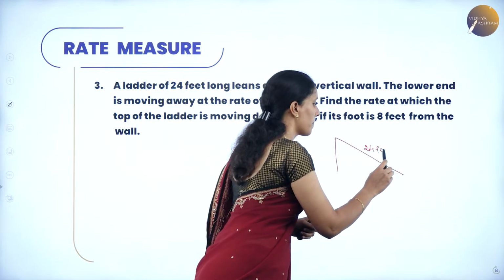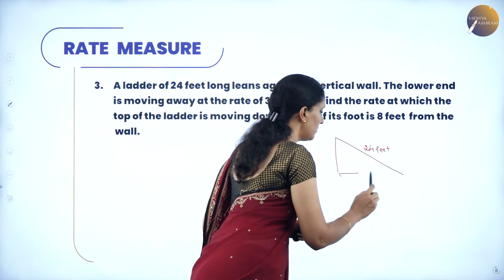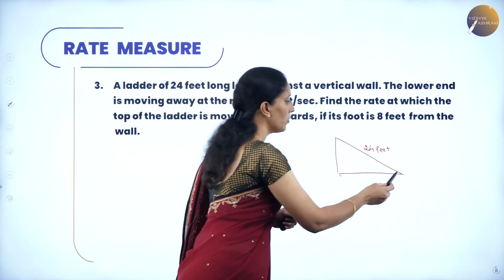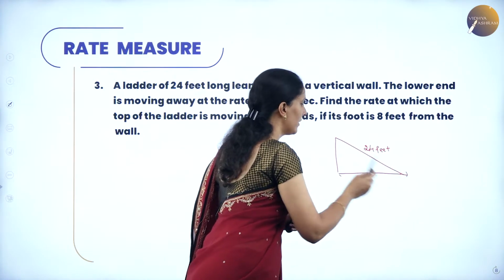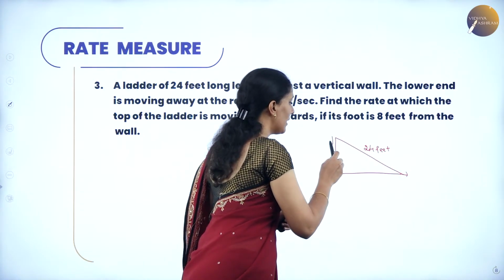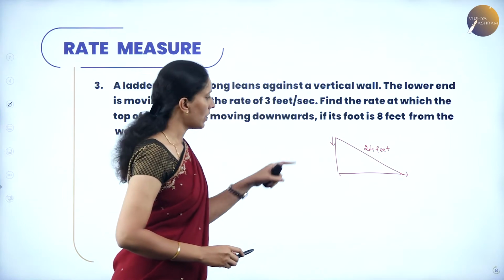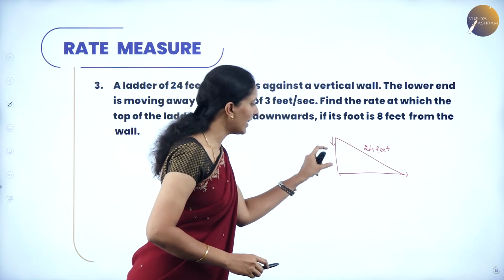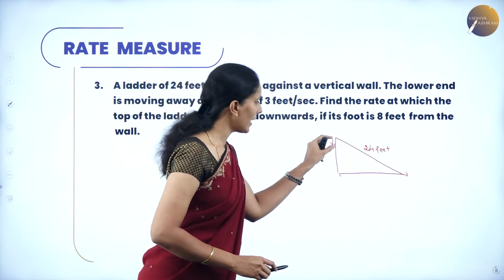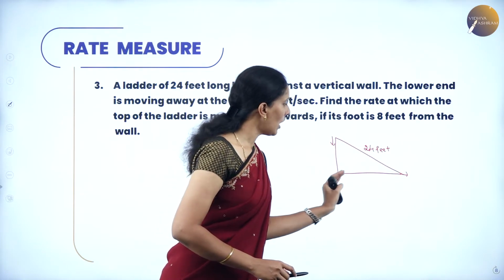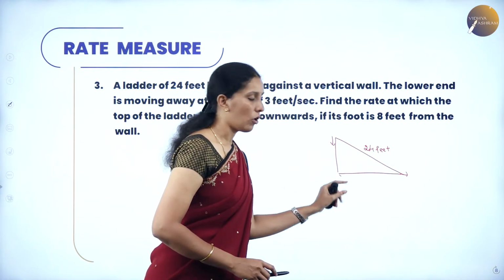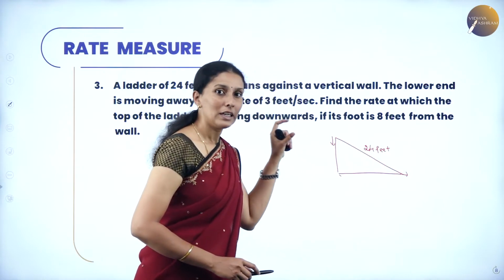So this is the bottom. Whenever you move the ladder this side, the ladder comes downwards here. So that means the height on the wall decreases. That is, whenever you move the ladder away from the foot of the wall, the height decreases.